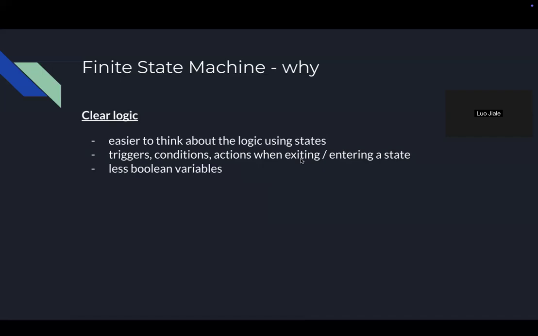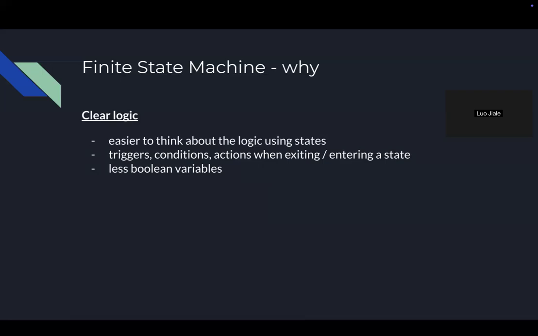And of course, you have fewer booleans. I remember when I first coded the first platformer in my life, I had all those boolean values flying around, like is player attacking, is player climbing, is player jumping, all those kinds of boolean variables.